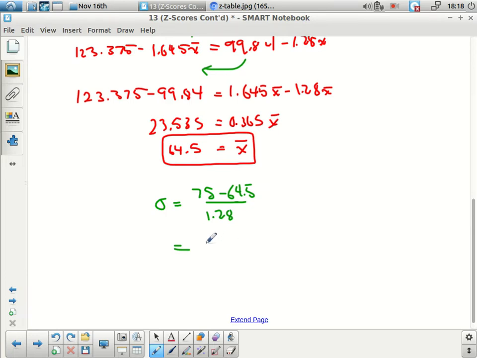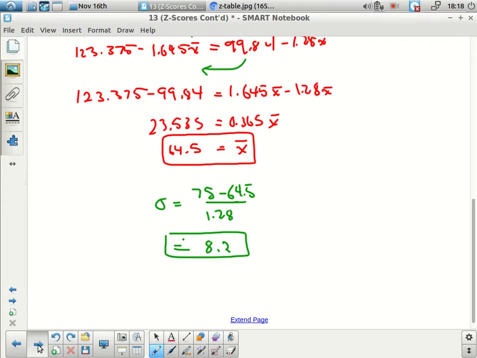And when we do that, we get about 8.2. Okay, so again, the mean of this math contest was 64.5 with a standard deviation of about 8 points. Okay, 8.2. And that's it. Okay, so that's about as complex as we go with Z scores.